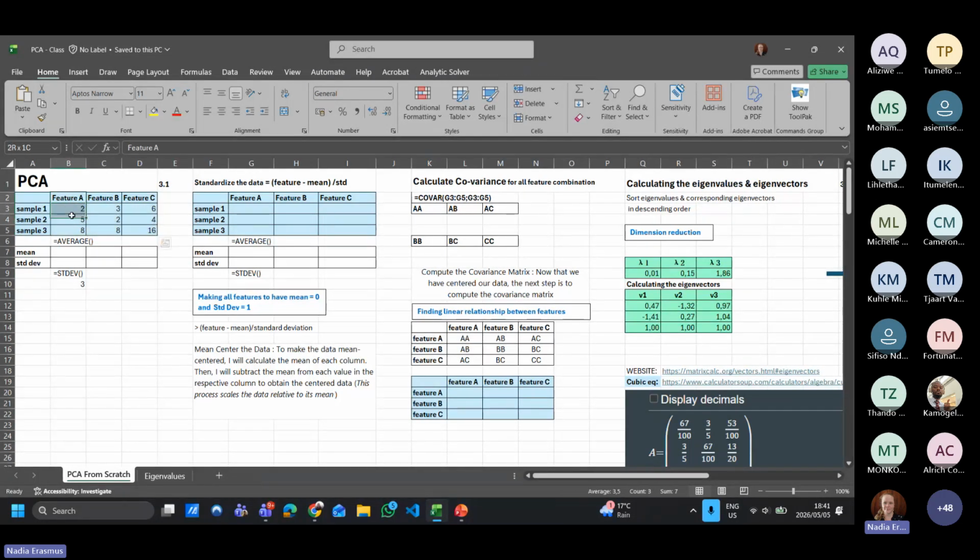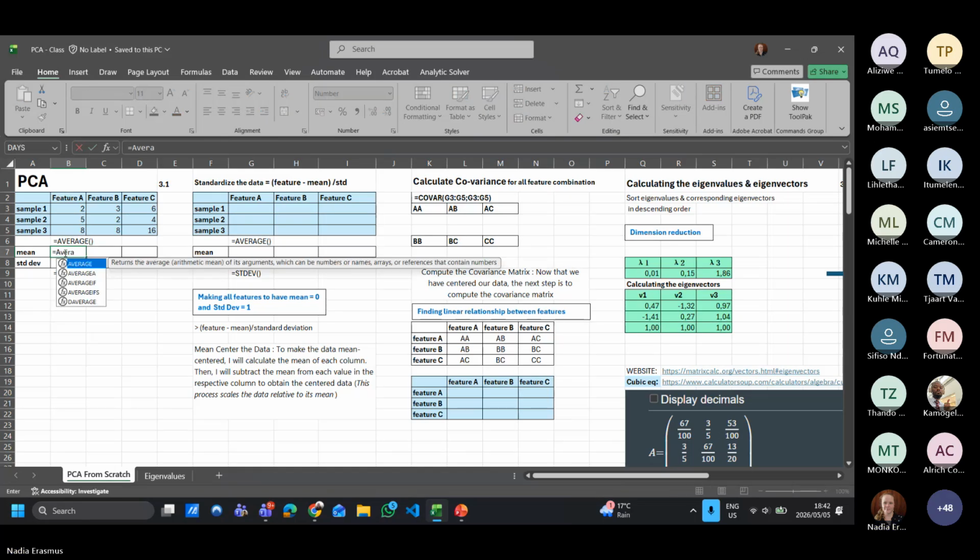So you have a feature, and each feature has a sample. And this is going to be rewritten here in a matrix of 3 by 3. So 3 columns, 3 rows. So what do we do first? We're first going to get the mean or the average of each and every feature.